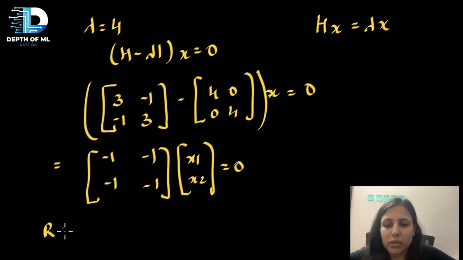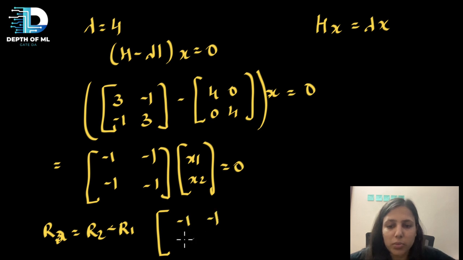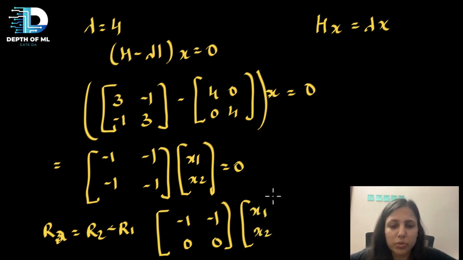Now let me use Gaussian elimination. R2 equals R2 plus minus R1. So this will become [-1, -1; 0, 0] times [x1, x2] equals 0. Fine. So this is the 0 row.